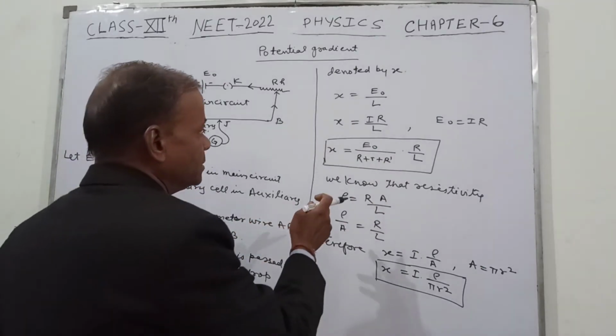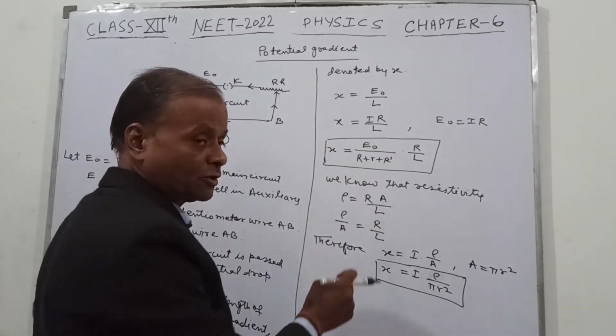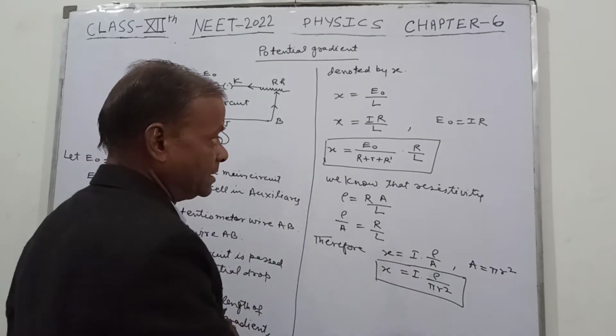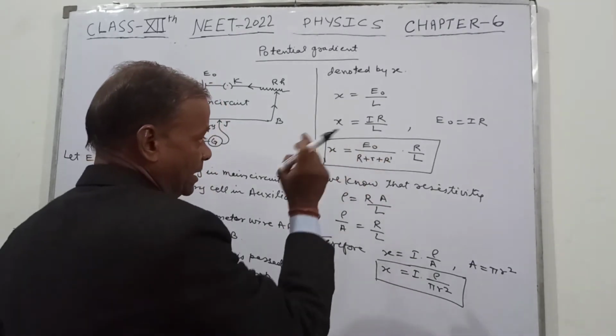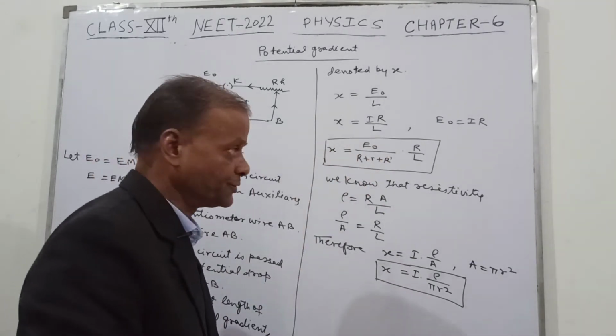Now here this capital R is the resistance of the potentiometer wire, R is the internal resistance of the cell, and R dash is the resistance of the rheostat.